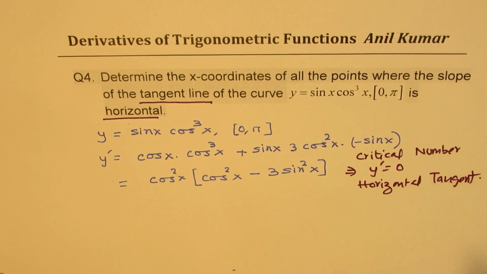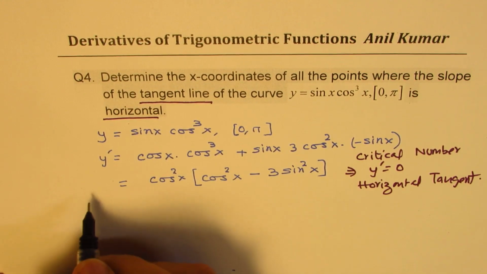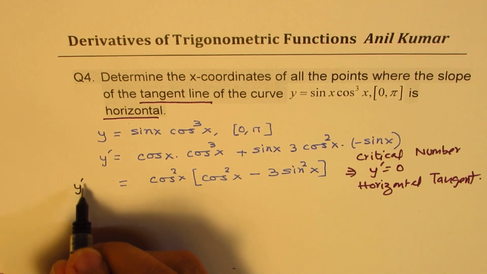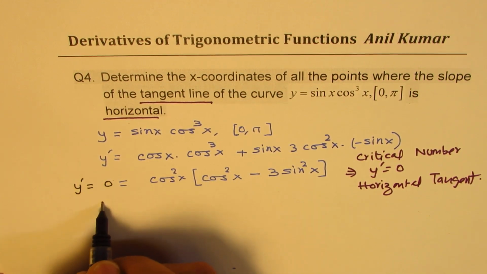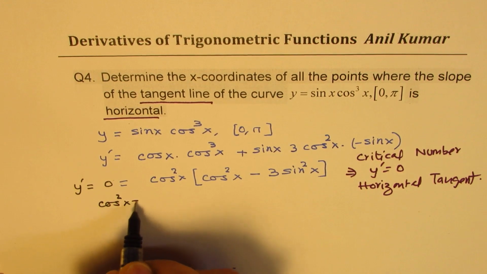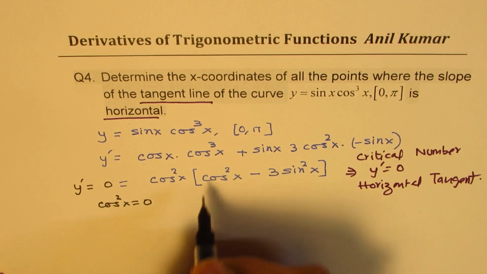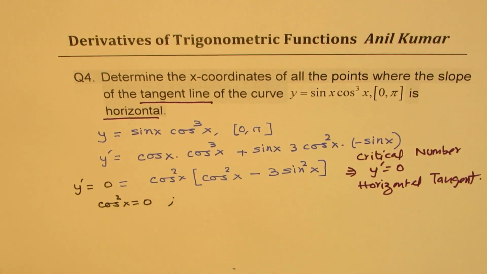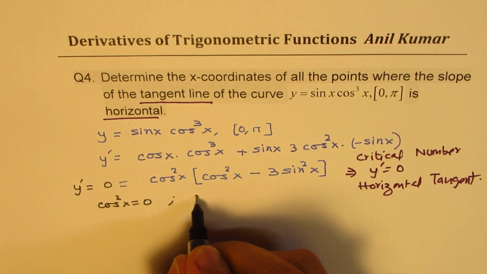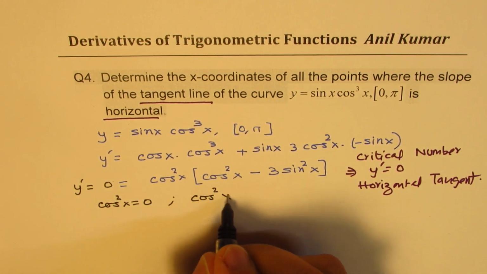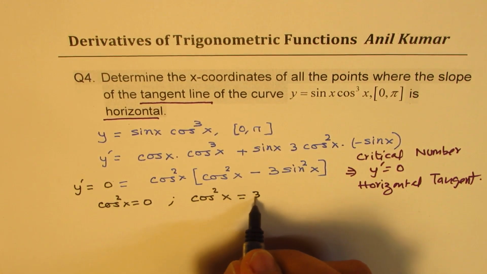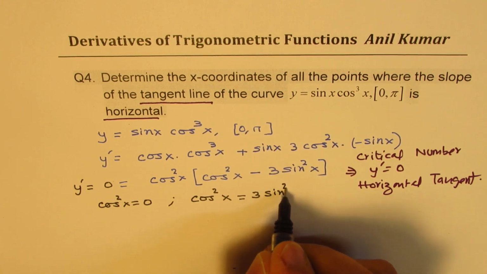Is that clear, right? So let's find the values. For y dash equals 0, one option is cos square x equals 0. The second option here is that cos square x is equal to 3 sine square x.